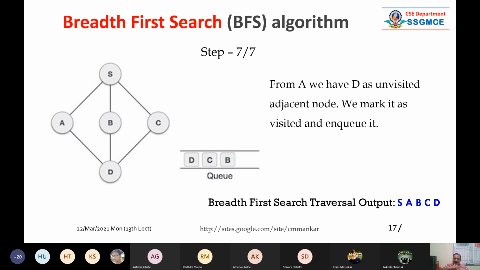So ultimately what we have done, we have done the traversal of the graph, जिस ग्राफ में 5 नोड्स है और एजेस कितने हैं, 6 एजेस है. 6 edges are there, 5 nodes are there and 6 edges are there. So you will find that हमने पहले S को मार्क किया था, फिर हमने A को मार्क किया, फिर B C D. तो जो हमने क्यू में लिखा है उसको रिवर्स कर दिया हमने.